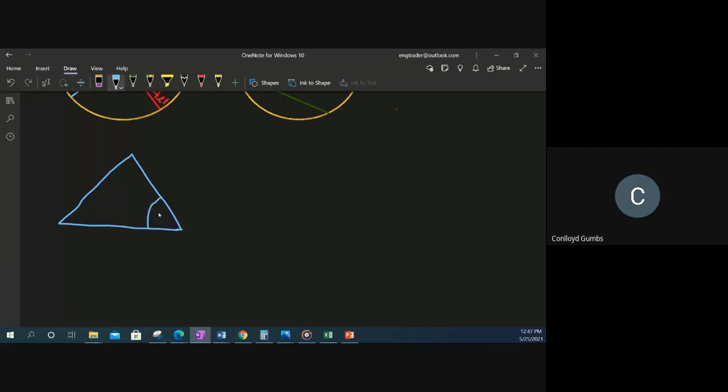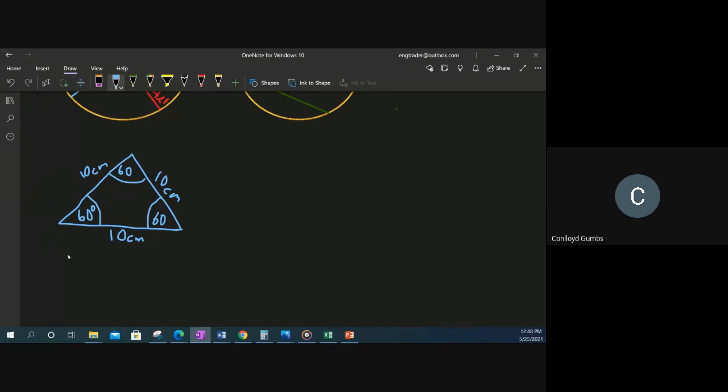So for instance, here would be 60, here 60, here 60 as well. So let's say this length was 10, this was 10, this here would also be 10, and this here would also be 10.